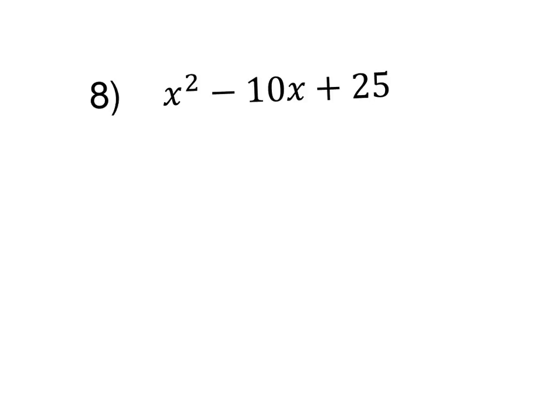So 8 is also a perfect square trinomial, because the middle piece is 2 times 5 times x. And notice 25 is 5 times 5, and x squared is x times x. So because the middle part had an x and a 5, and that 2, which is part of the formula, then it's a perfect square trinomial.